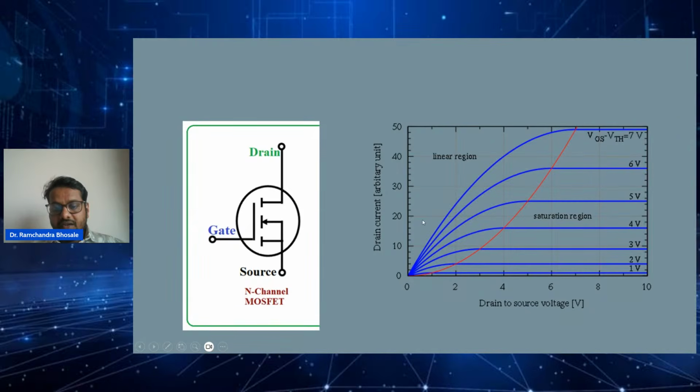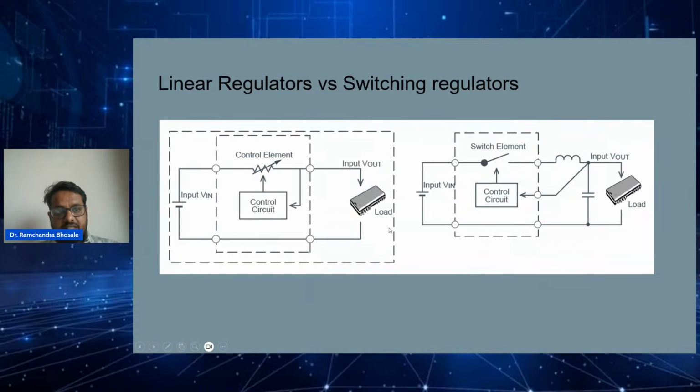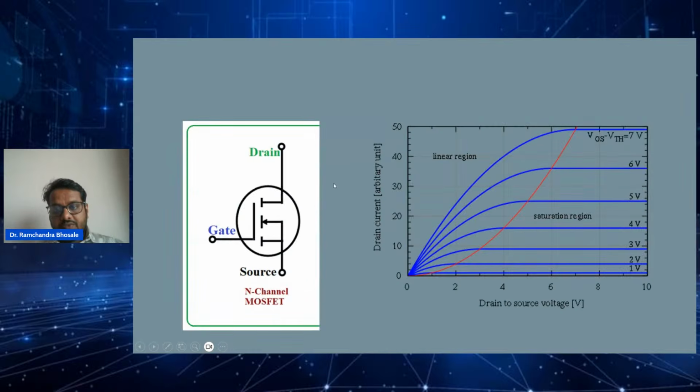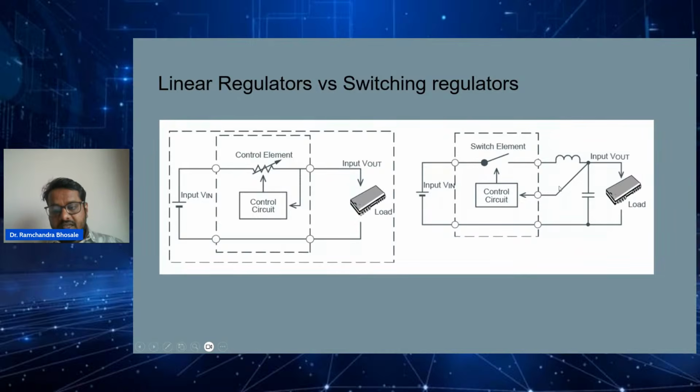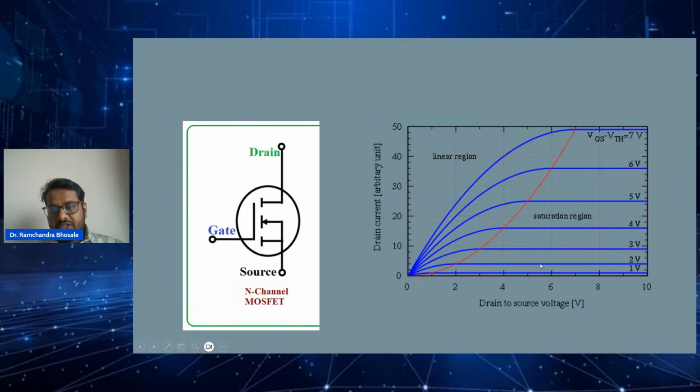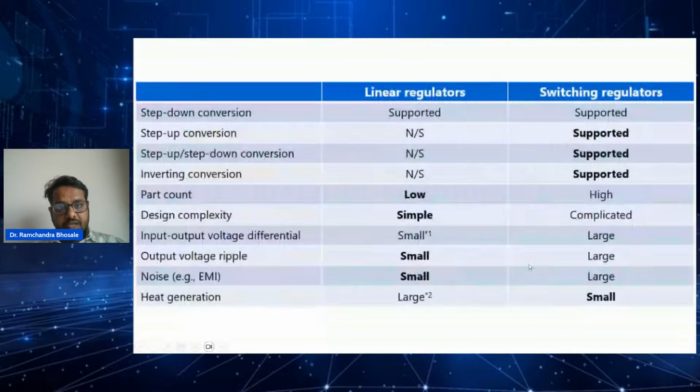So in linear regulators, the MOSFET is generally operating as a resistor, while in switch mode power supplies, it will be operating only in the saturation or cutoff regions, two regions only. The linear regulators, like I was saying, have very low efficiency, and it is possible only to reduce the voltage.